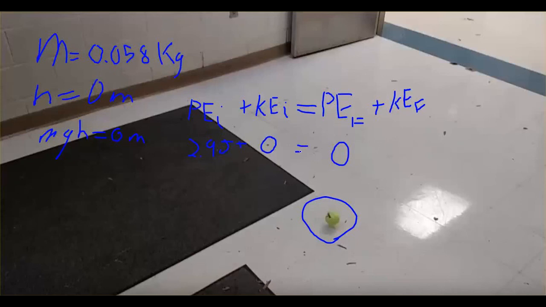So solving the equation, we can find that the kinetic energy at the final point in its descent will simply be equal to the potential energy at the highest point of the ball's trajectory, which is 2.9 joules.